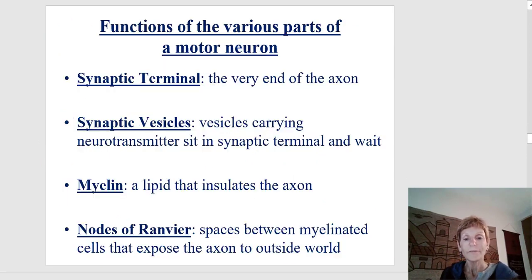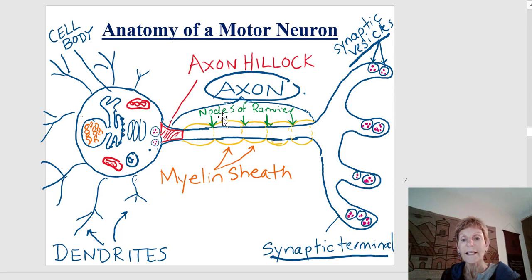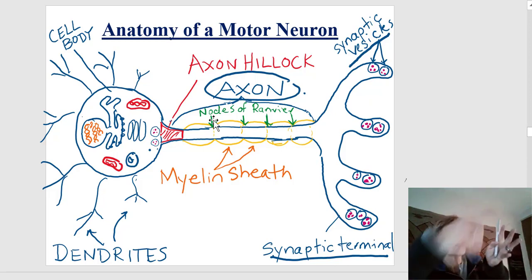And then we have myelin and these nodes of Ranvier. I want to talk a little bit about that myelin in a little bit, but basically the myelin is a lipid insulator that's going to surround the axon. And the nodes of Ranvier are in between the lipid. They're like concentric circles that go around, sort of like a Swiss roll over the axon.